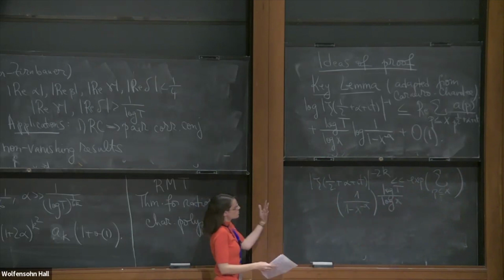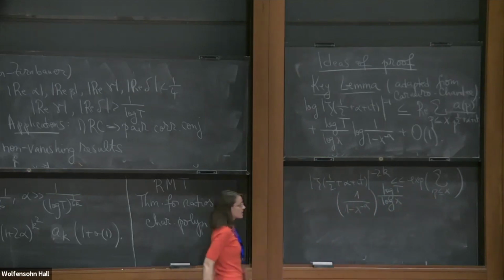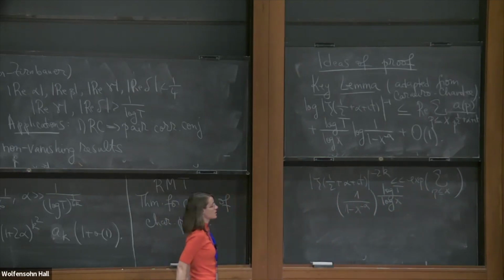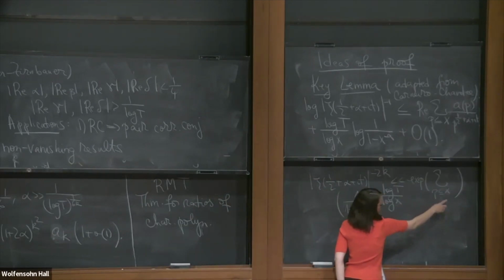So now we want to approximate the exponential of the sum over the primes by a truncated Taylor series and then hope that we can compute moments over there. So the question is, how do we pick the x?